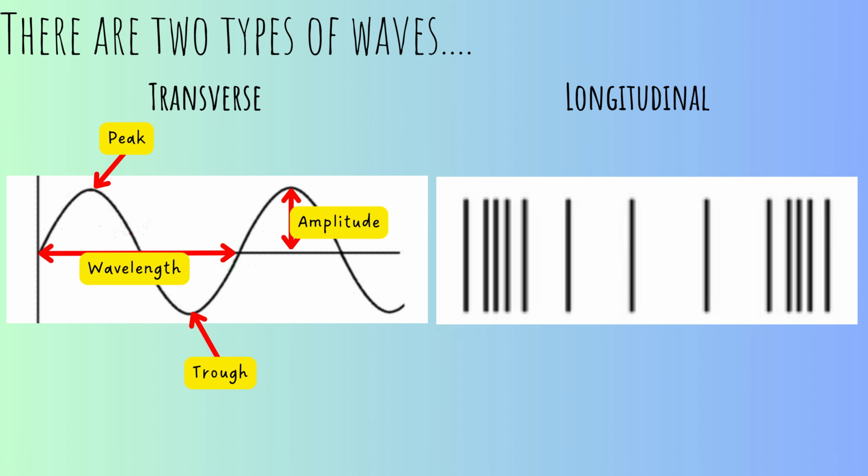Now we come to labeling the longitudinal waves. They're a little bit trickier, and they can be inaccurate if you're not careful. Longitudinal waves have areas of rarefaction and areas of compression.